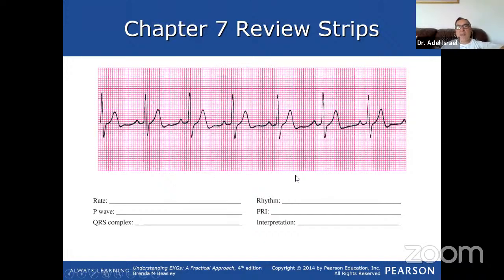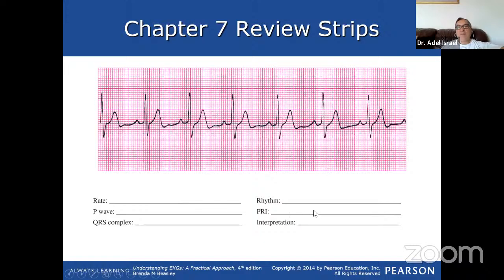The second answer, rhythm. How can I get rhythm? I count the distance between R and R, and I find that it is almost equal, so I will say regular. Then I will comment on the P wave like you practiced now. Then you count the PR interval. PRI means PR interval. You count how many small boxes and multiply the number by 0.04.